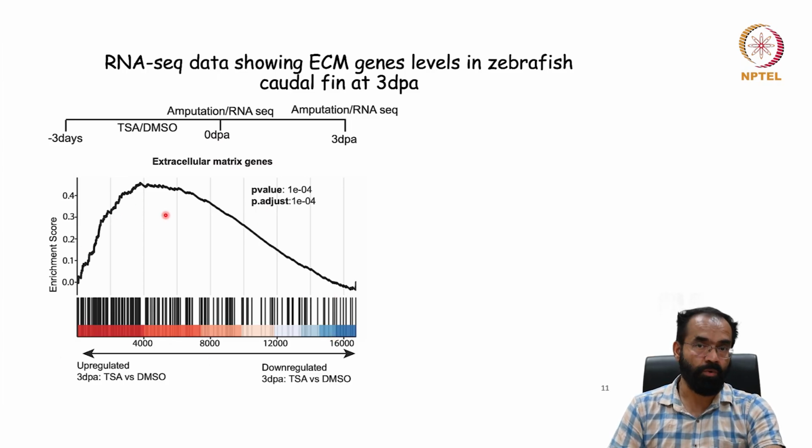Upregulated genes are more, which belong to the extracellular matrix family. But not that if there are 100 ECM proteins in an animal, all 100 out of 100 are upregulated. Some are downregulated, but the majority are upregulated in 3-DPA. We have also done 0-DPA, but due to time limitation, I cannot go and analyze all of them. 3-DPA has been used here.